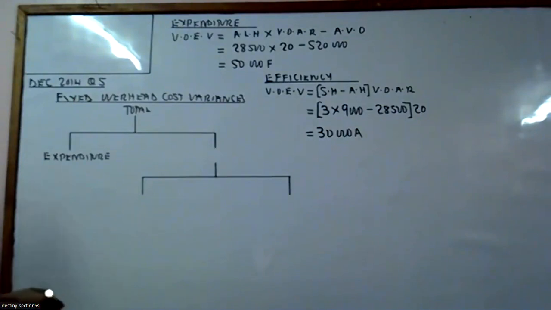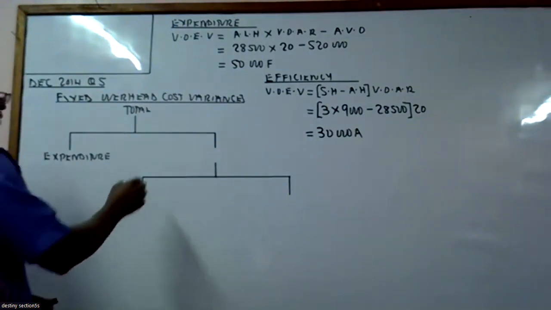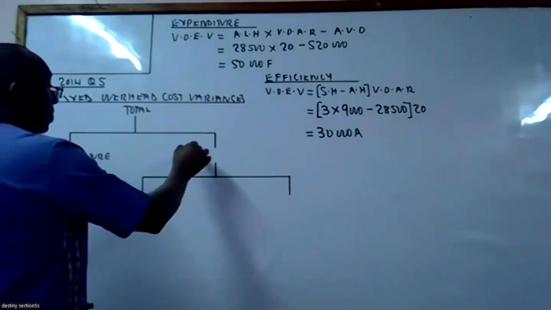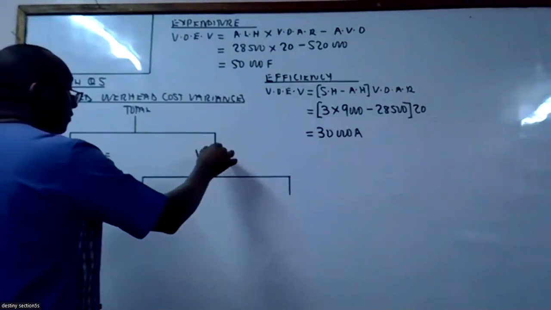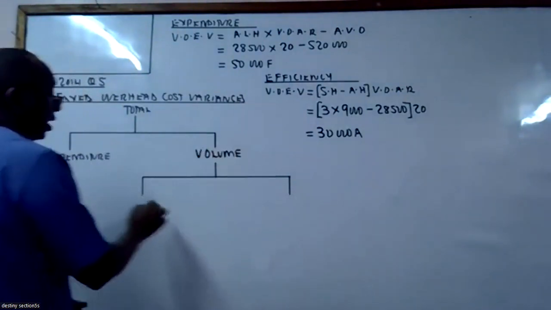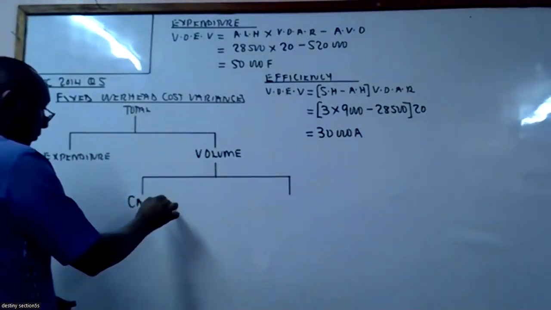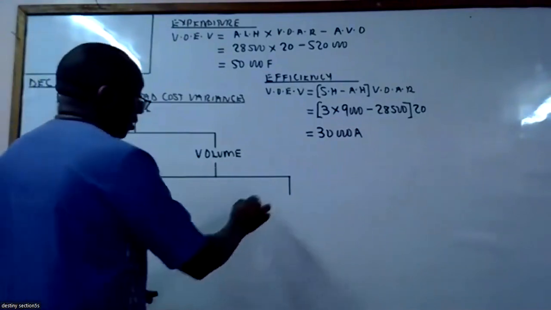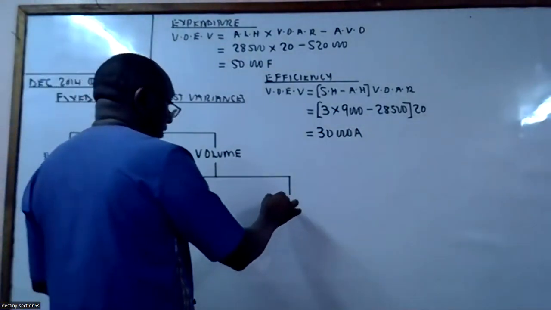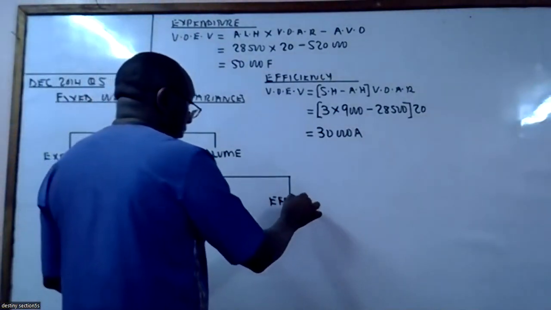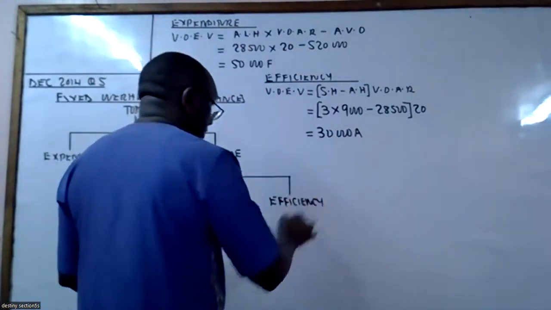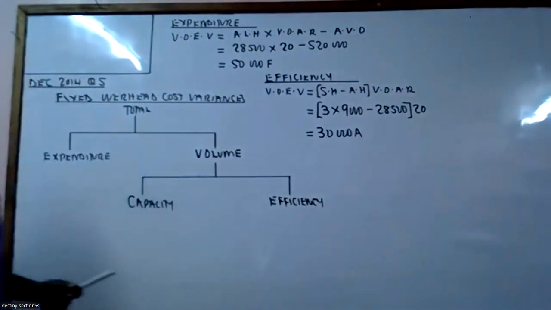The fixed overhead cost variance is further broken into expenditure, and then we have the volume. Volume is broken into capacity, and then we have efficiency. So that is how the fixed overheads look.